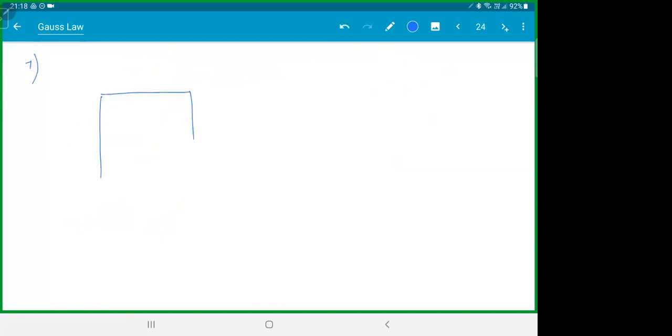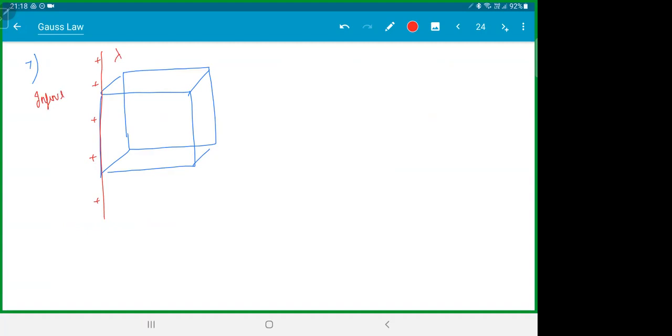Same question. We have a cube. Let's say we have an infinite line charge, lambda. One, 2, 3, 4, 5, 6. Find the flux through each face.